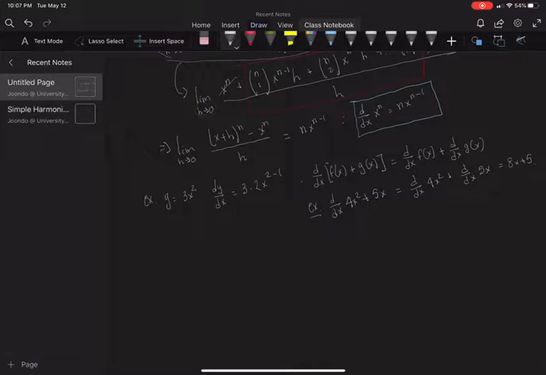And similarly, I forgot to mention, the derivative of f of x plus or minus g of x is the same thing as the derivative of f of x plus or minus the derivative of g of x. Alright?